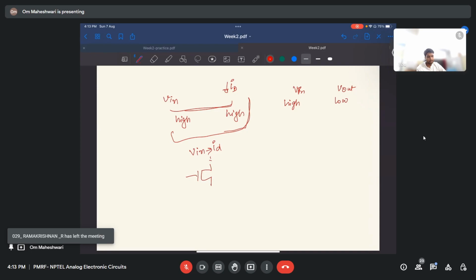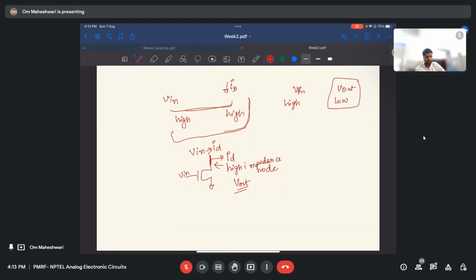We apply input at the gate and take output at the drain. But actually for the output we prefer to take ID, because the drain is a high impedance node. We do not prefer to take V out from here, because for V out we need low output impedance. So what we do is connect a buffer after this. The buffer is actually a common drain amplifier.